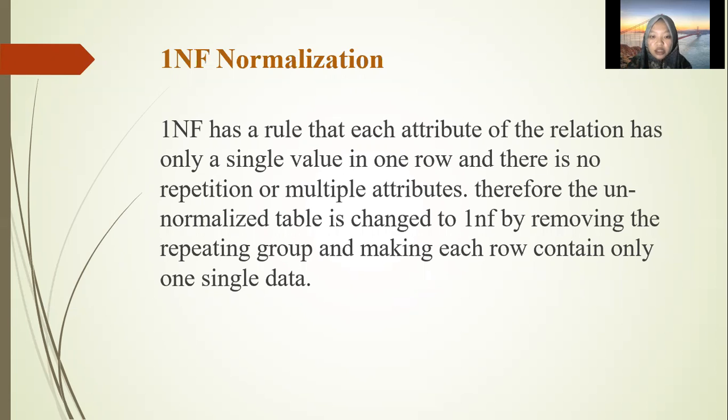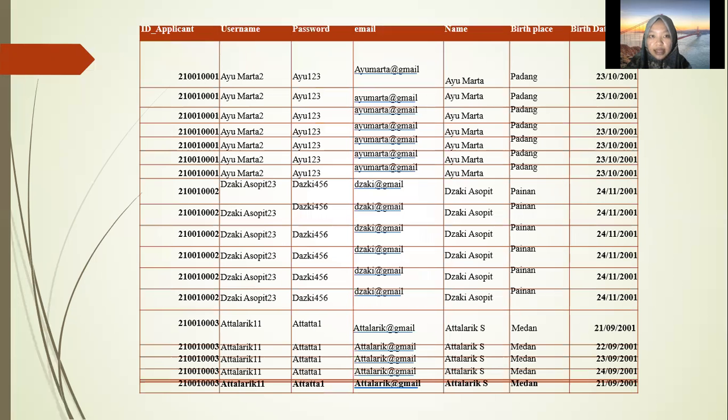Therefore, the unnormalized table is changed to 1NF by removing the repeating group and making each row contain only one single data. Like this table, a row has only one single data and does not have a repeating group.